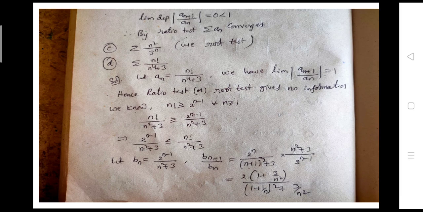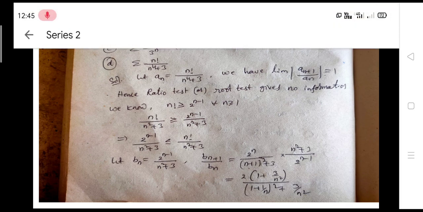Now simplifying, we get 2 into 1 plus 3 by n squared, by 1 plus 1 by n whole squared plus 3 by n squared. Here taking n squared common from numerator and also denominator. So we got this value, that is equal to 2 into 1 plus 3 by n squared, by 1 plus 1 by n whole squared plus 3 by n squared. Take the next slide.